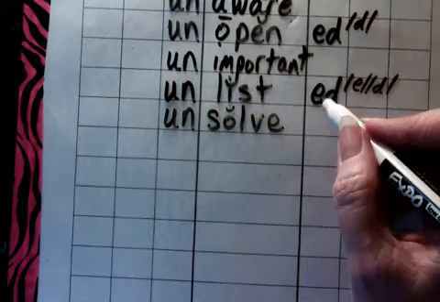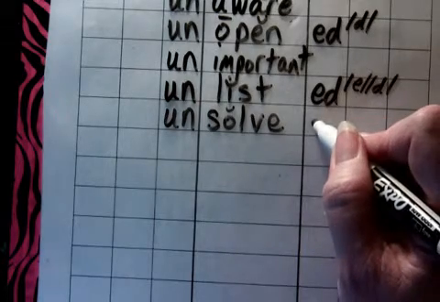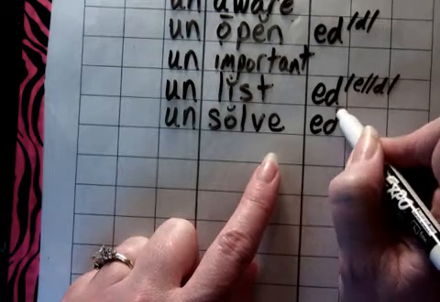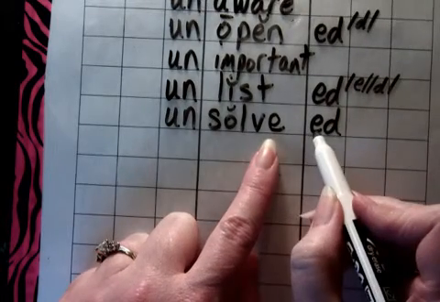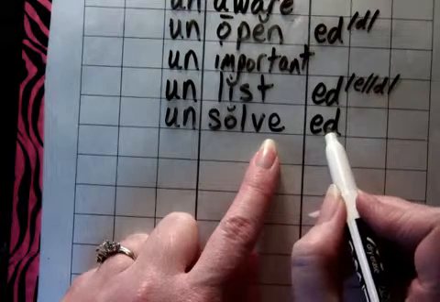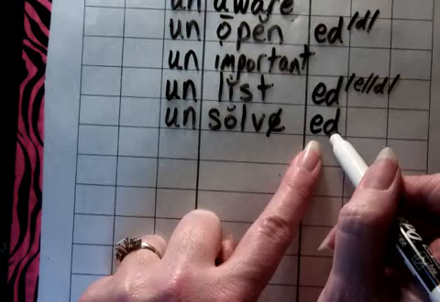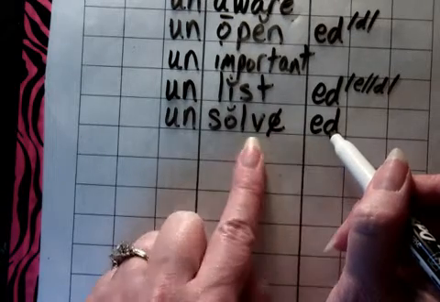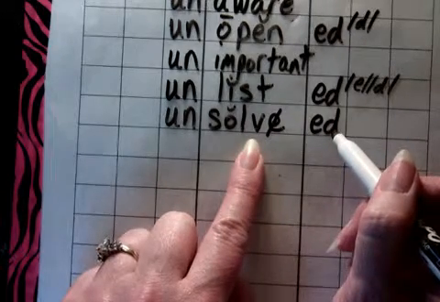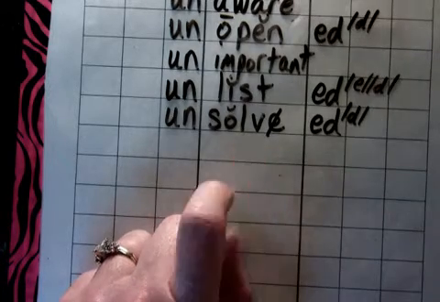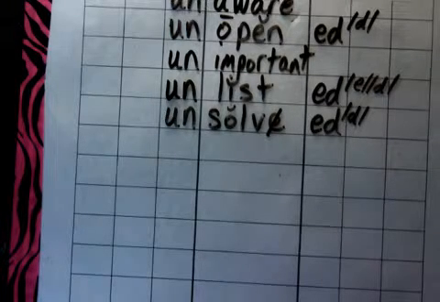Unsolved. And if the past tense ed, now watch what we have to do. So here's the ed. We can't have two e's together when we're adding a suffix. This e is dropped and we add the ed. This is a voiced v sound, so it's going to be the d sound. Solved. With the prefix un, not solved.